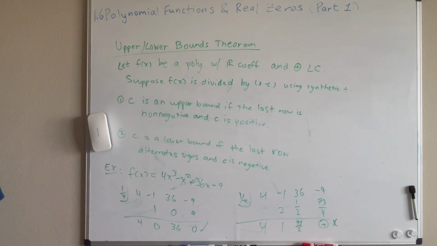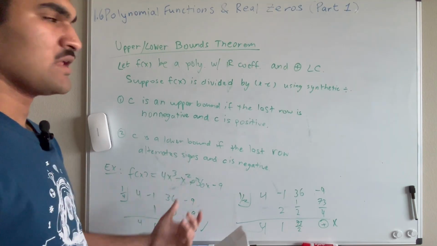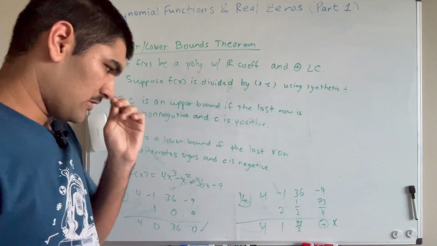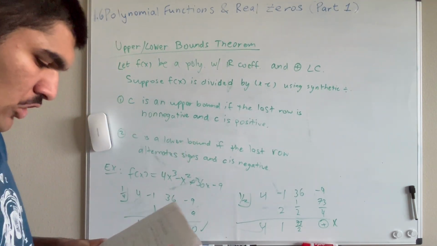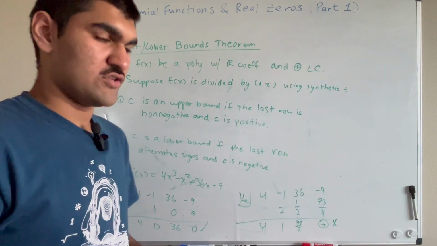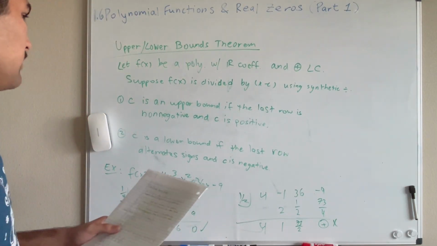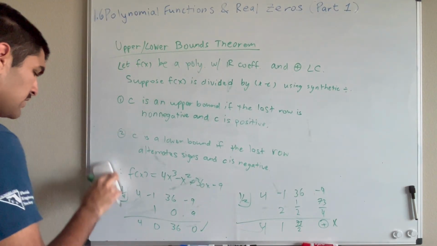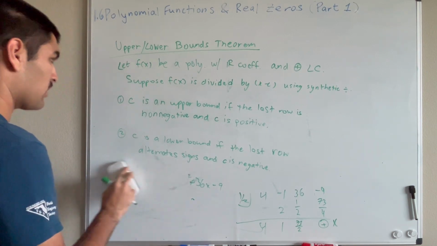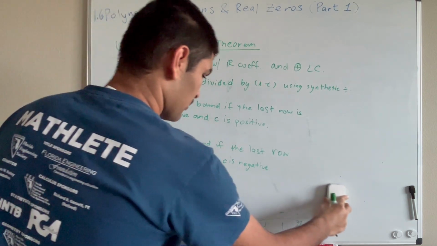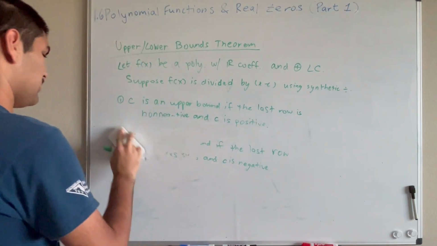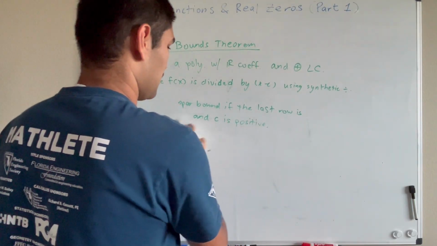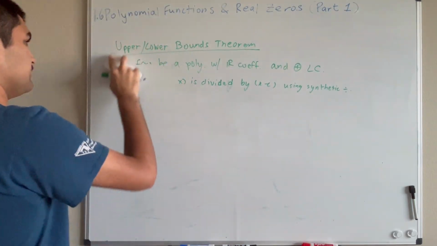So this just helps eliminate even more of the options. So it just helps make the work more efficient. But yeah, that is all the theorems for part 1. So these are all the theorems that you need to know to find the rational zeros of a polynomial function.